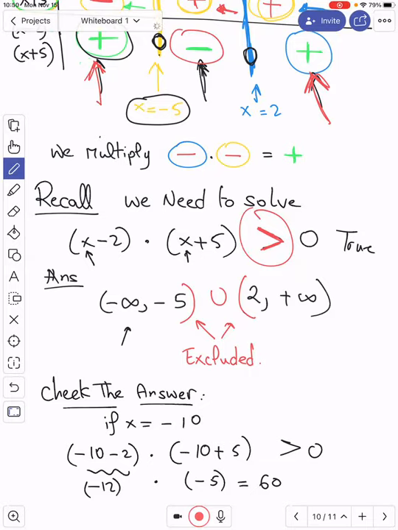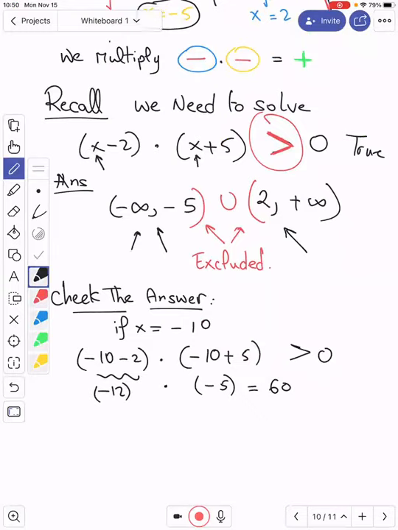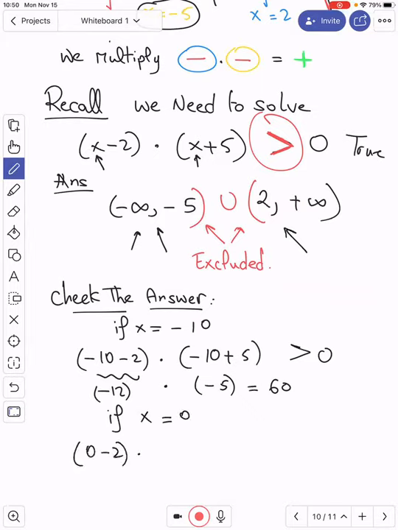And of course, if you take a number which is not in the answer here, for example, 0, I mean 0 is not in these two intervals. So let's say x is 0. Then you do 0 minus 2 times 0 plus 5, right?